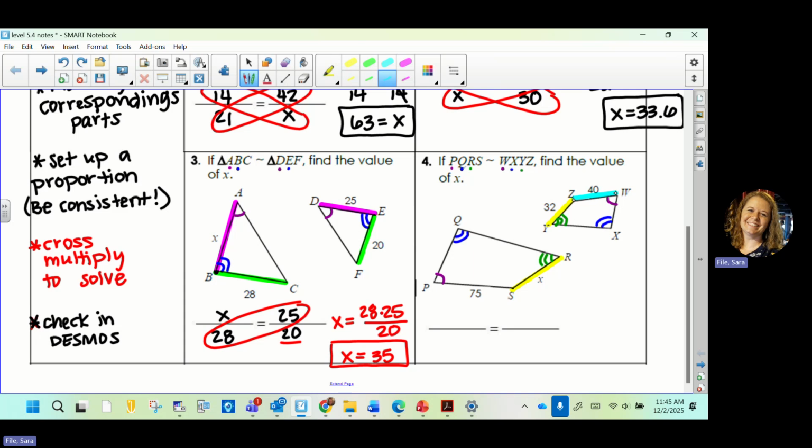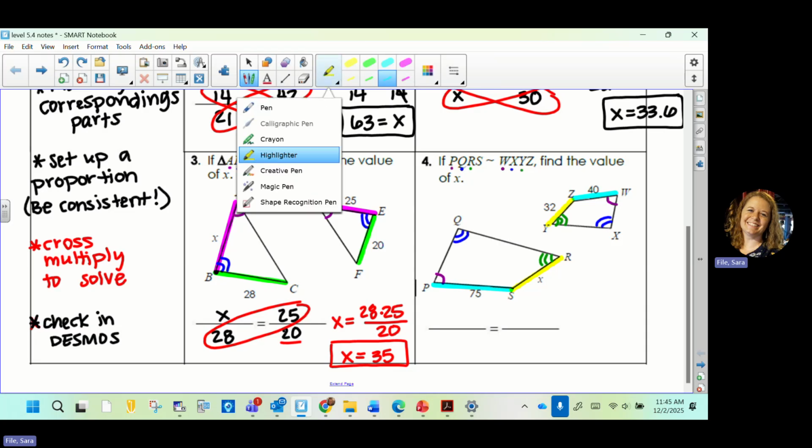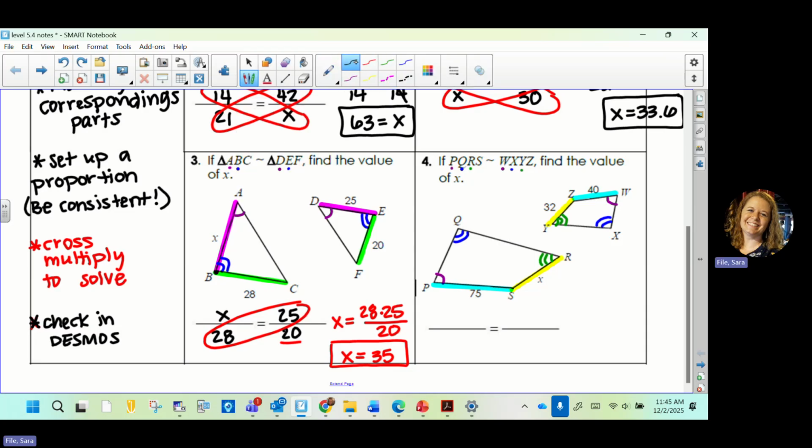ZW, that's no arc to one arc, no arc to one arc, would correspond to the 75. Okay, so now I'm going to set up my proportion, and I could do X is to 32 and go left to right, yellow, and then I'd have to go left to right, blue. So 75 to 40.